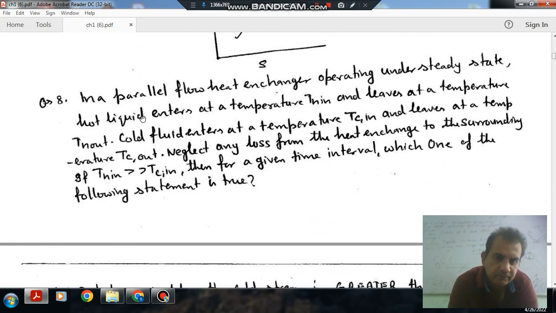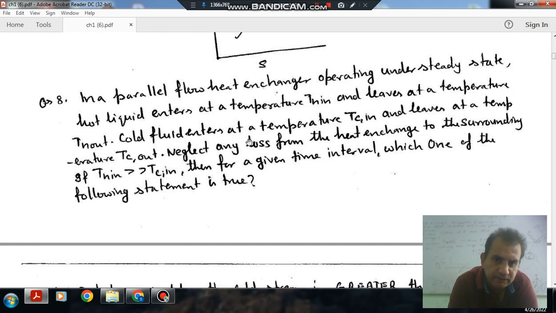Next, in a parallel flow heat exchanger operating under steady state, hot liquid enters at a temperature Th in and leaves at a temperature Th out.